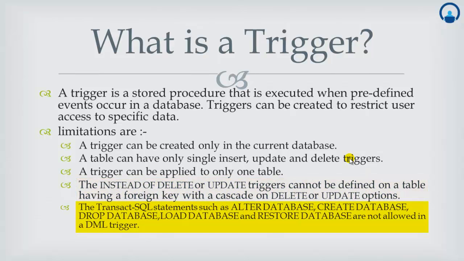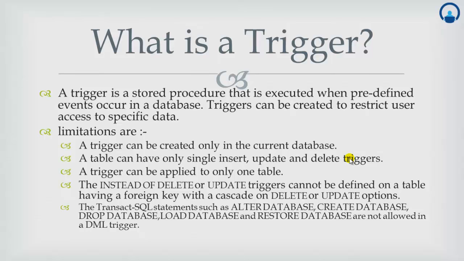The Transact-SQL statements such as alter database, create database, drop database, load database, and restore database are not allowed in a DML trigger. The trigger and the event that invokes the trigger together are considered as a single transaction.